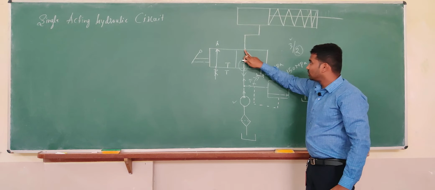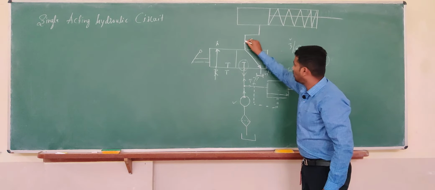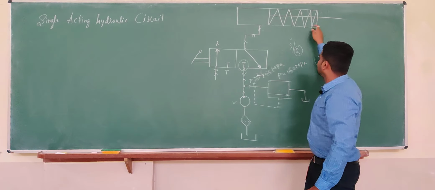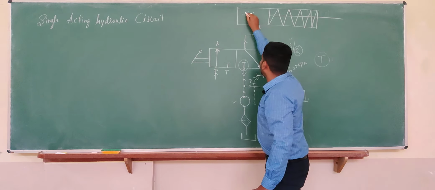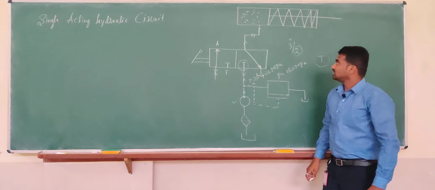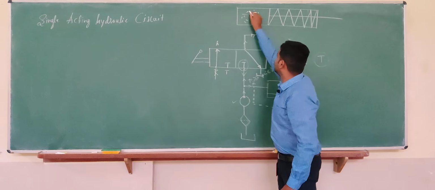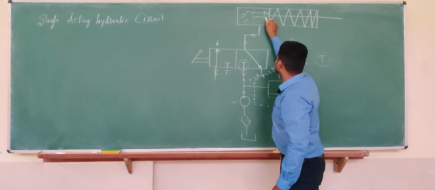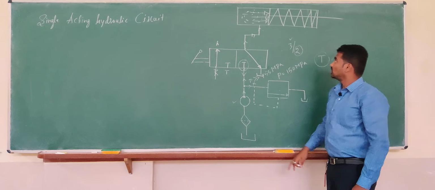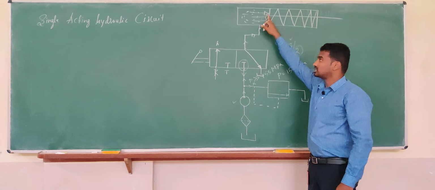Now whatever the fluid which is coming over here, all that will be taken to move inside the cylinder. Means all the pressurized fluid which is going to come over here, as soon as it enters the cylinder, starts exerting a pressure on this piston rod or piston surface.